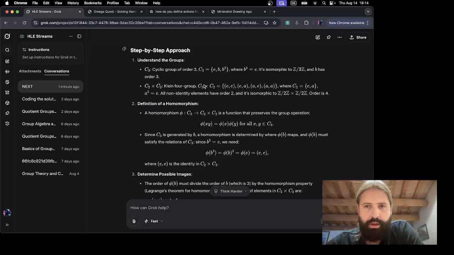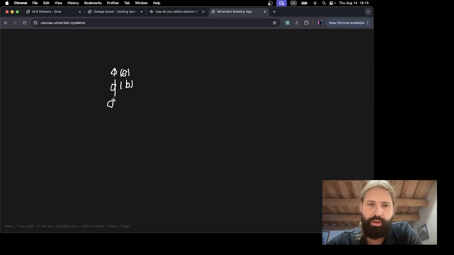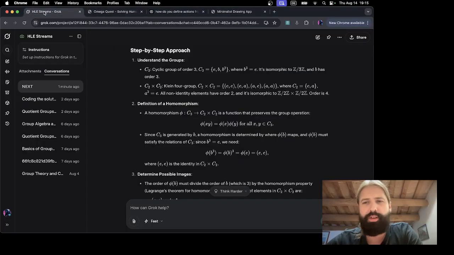Now C3 has 3 elements, E, B, and B squared, where B3 equals E. It's isomorphic and B has order 3. I guess we need to preserve that, so we need to make sure this preserves the group operation.